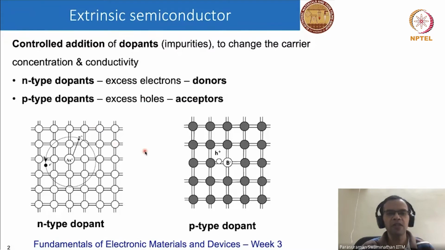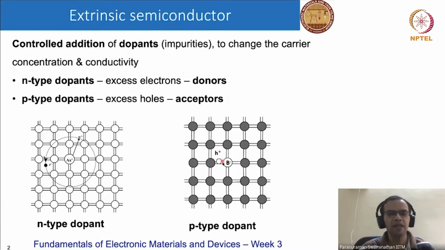Again, we will use silicon as an example to explain the concept of doping. So earlier we saw that silicon has 4 bonds because of the sp3 hybrid orbitals, and this here is just a two-dimensional picture of the bonding. When we replace a silicon atom with an arsenic atom, there is an extra electron coming from the arsenic, which basically means that arsenic is an n-type dopant.